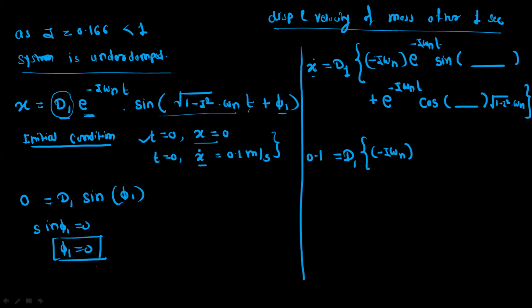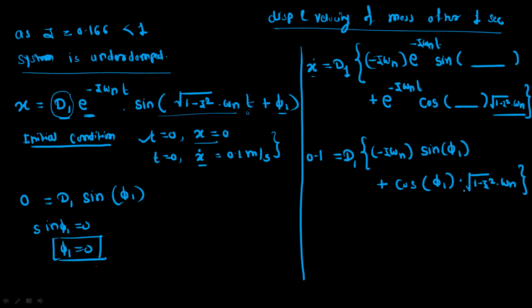If I put 0 here, this term will be 0, so we just have phi 1, sine phi 1, plus again e raised to 0, which is 1, and cos. In this bracket we have the same term, which is 0, so we just have phi 1, multiplied by this term, square root 1 minus zeta square into omega n.